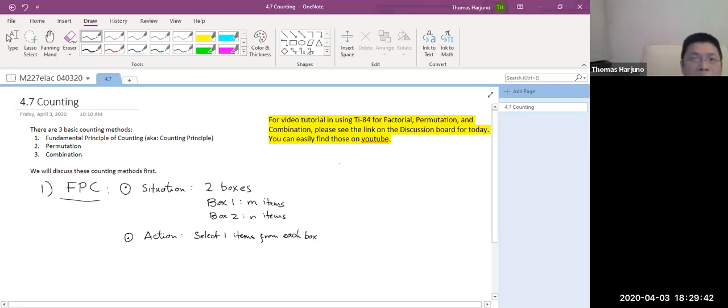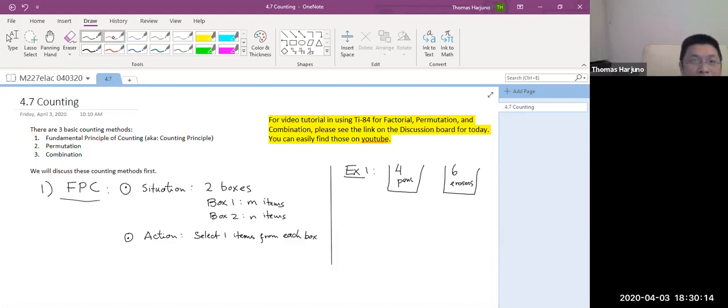Let's say, for example, I have 1 box containing 4 pens, and another box containing 6 erasers. Forgive my examples. If you use pens, you don't use erasers, I know. But imagine that from the first box, I will select 1 pen, 1 out of those 4. And from the second box, I will select 1 eraser.